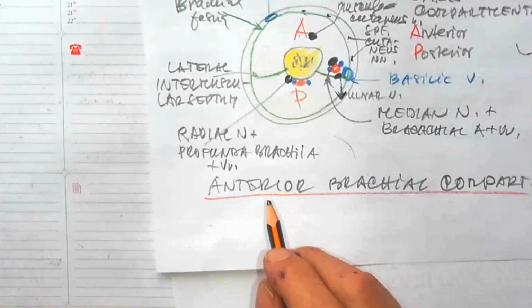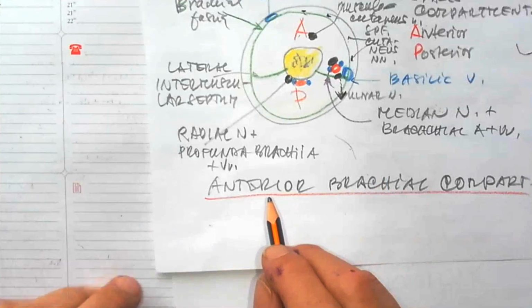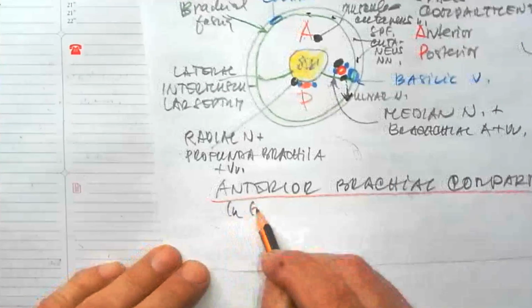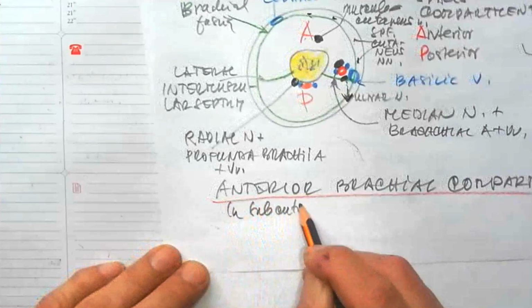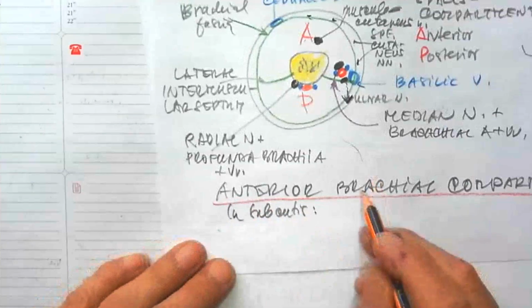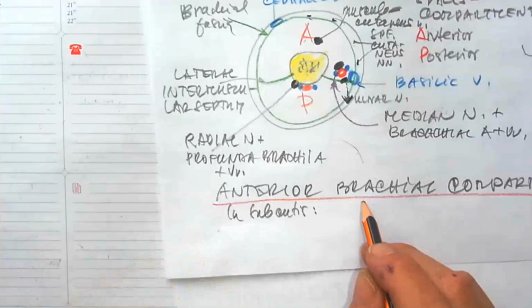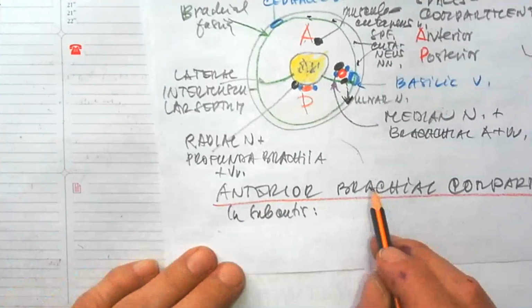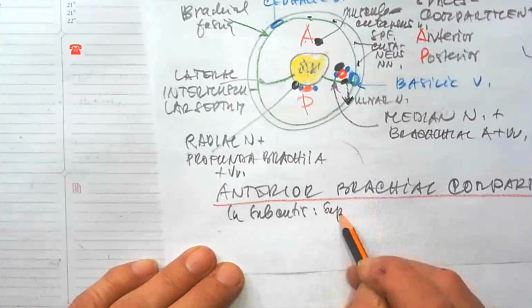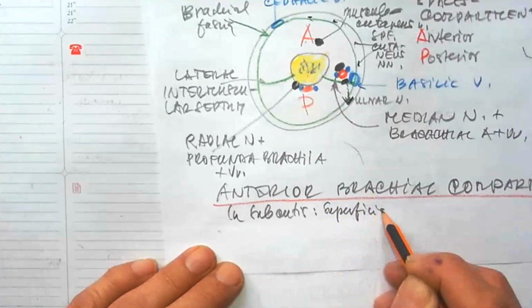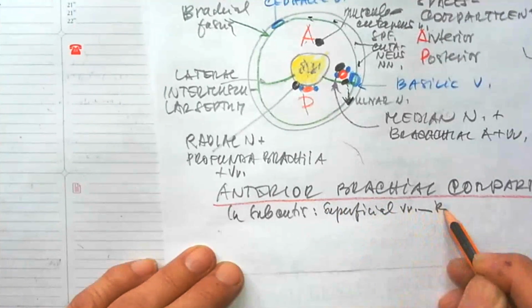First of all, what we have in the subcutis, when we dissect it, we could see the superficial veins. Superficial veins, we said: basilic.